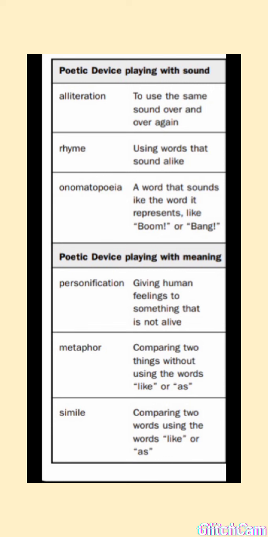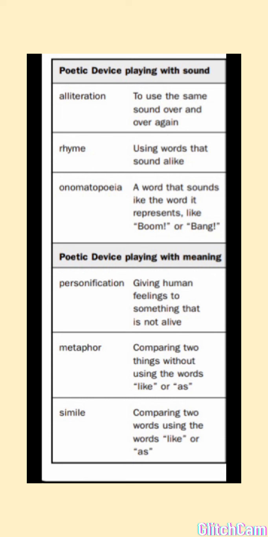The first poetic devices are those playing with sound, related to sound. First one, alliteration. Alliteration means to use the same sound over and over again. So, the use of the consonant sounds in the phrase or in the sentence of the poem again and again. You have to see the first letter of the words.